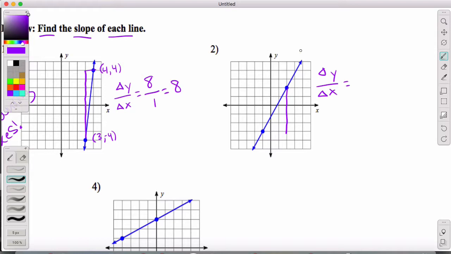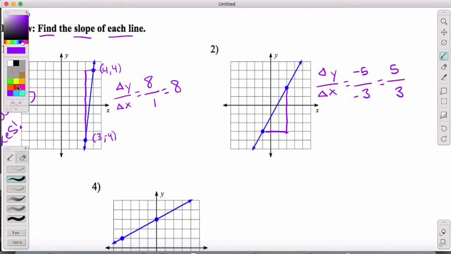Because I'm moving down our y-axis, the change in y is negative. And my change in x, I'm moving to the left, so that is also negative. So 1, 2, 3, negative 3. And a negative divided by a negative is always a positive. So we end up with actually 5 over 3.